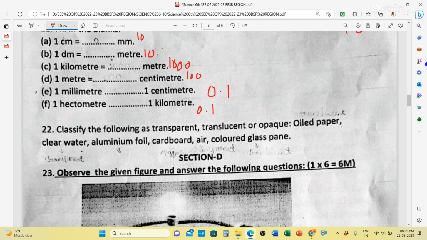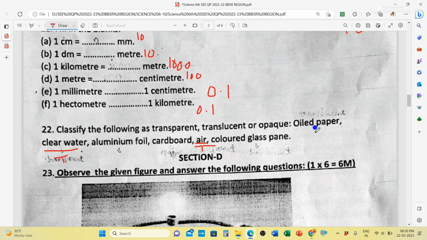Classify the following as transparent, translucent and opaque. Transparent are clear water and air.